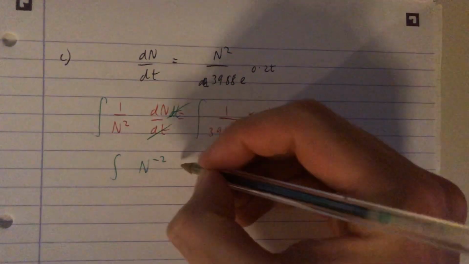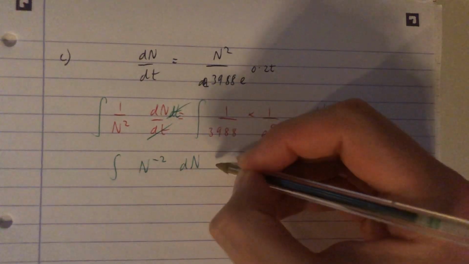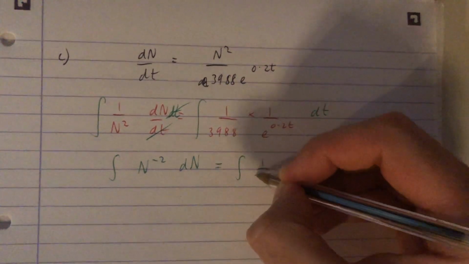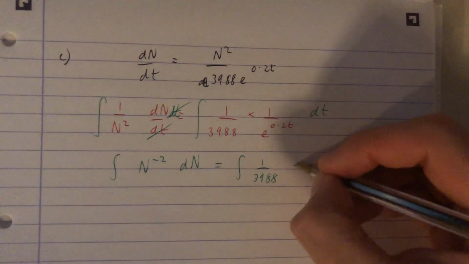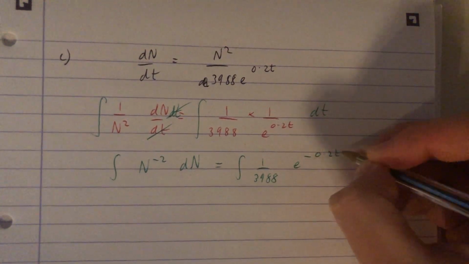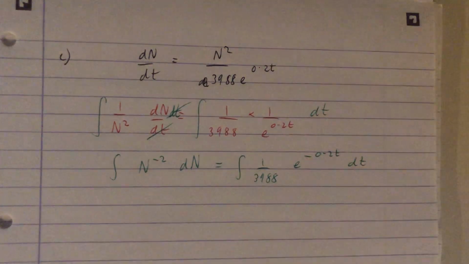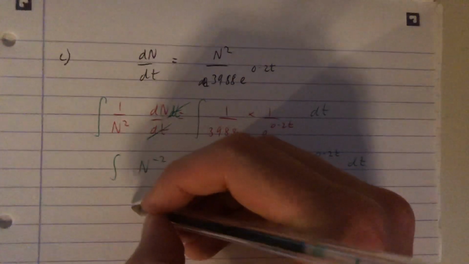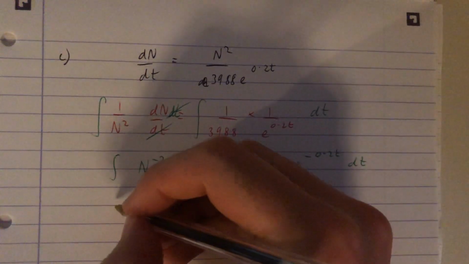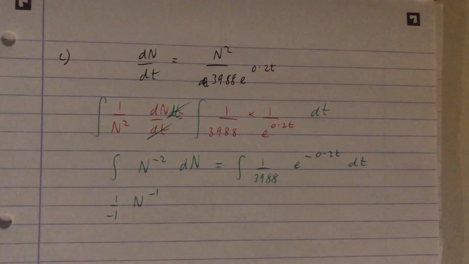N to the power of minus 2 dn, and this is another negative power, e to the minus 0.2t dt. And if you integrate the left hand side, you can add 1 to the power and divide by the new power. E is a little bit different.